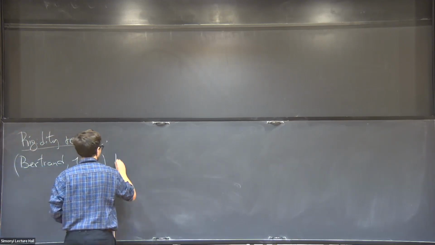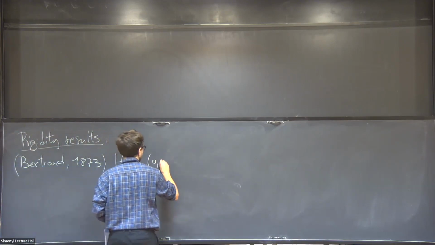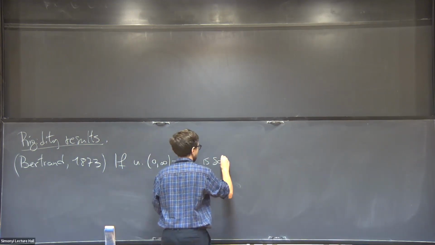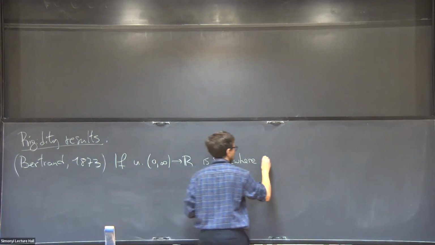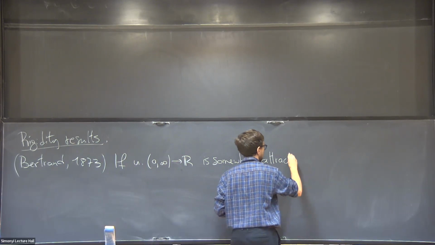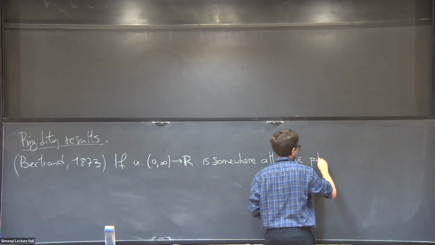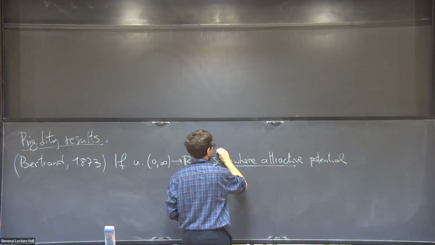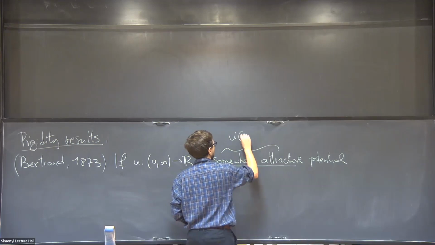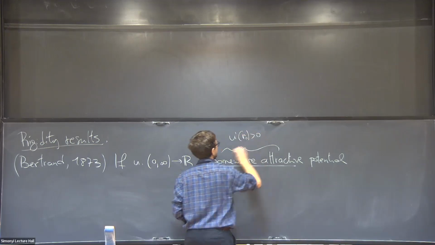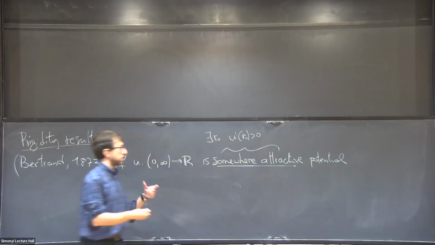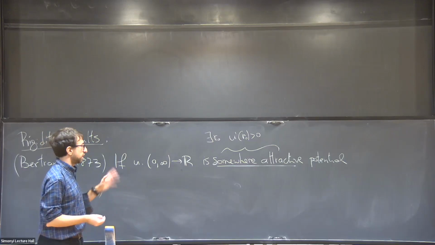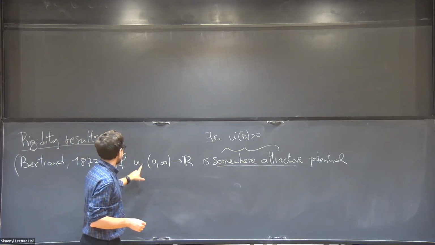He showed that if U is a somewhere attractive potential, and somewhere attractive just means that somewhere this U prime of r is positive, that is, the force for some radius is pointing inside. Otherwise, if you have a repulsive force, then you don't expect to find Zoll things.